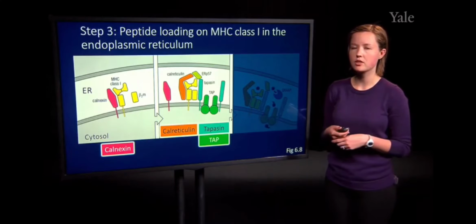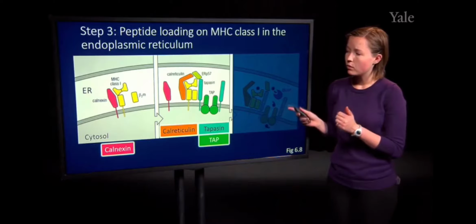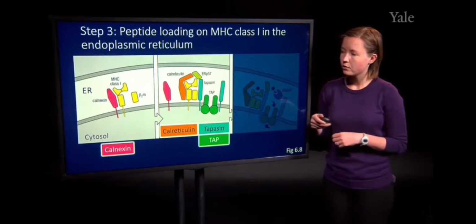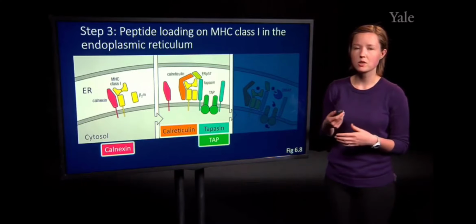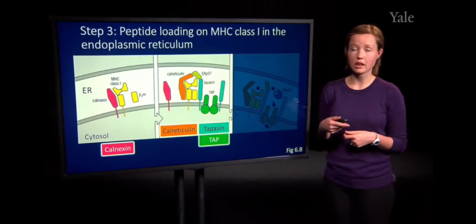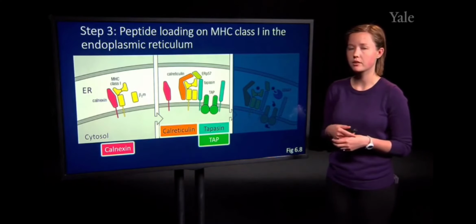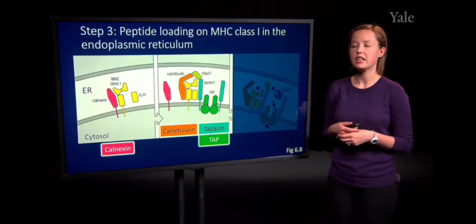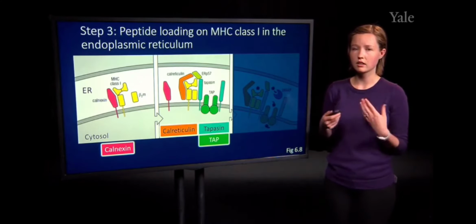And something that you'll come to realize is that the stability is necessary because MHC class 1 is actually only stable when it is interacting with peptide. And so there are a lot of different chaperones that are keeping it together until it actually will bind peptide within the ER, allowing it to be fully assembled.